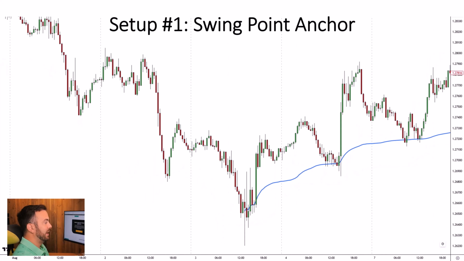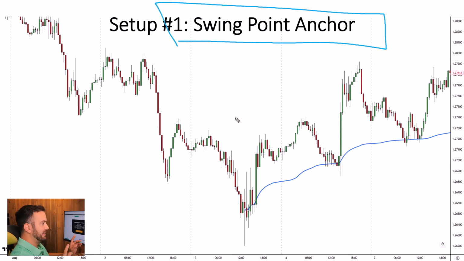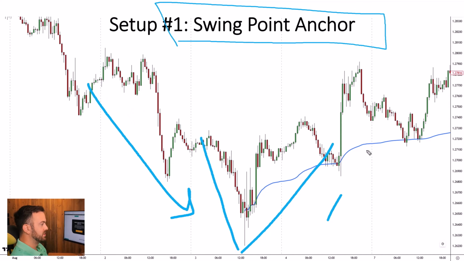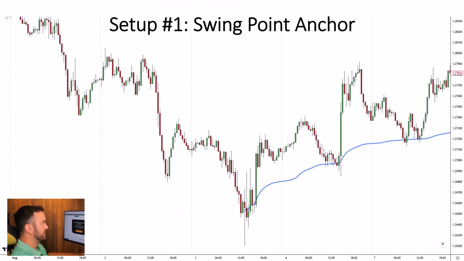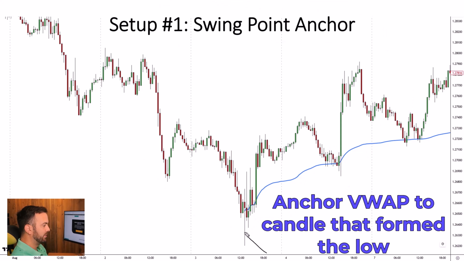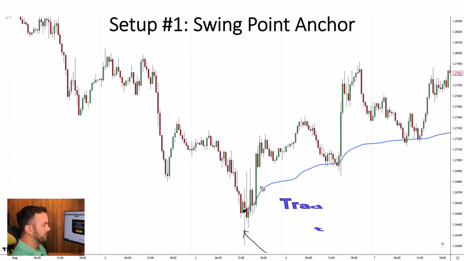Now, this is the last example of the swing point anchor. In this case, again, you can see that there's a very prominent low, which is where a downtrend turned into an uptrend. So what you do is you anchor the VWAP to the candle that formed the low. That's this candle. You anchor the VWAP there, and then you wait for the pullbacks.